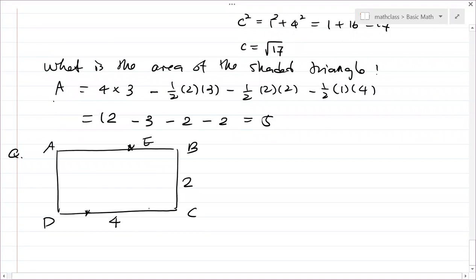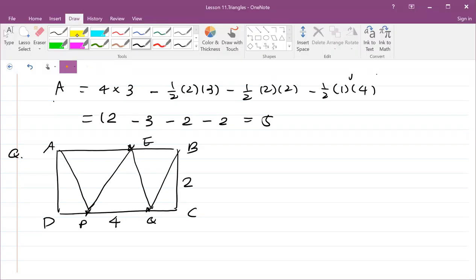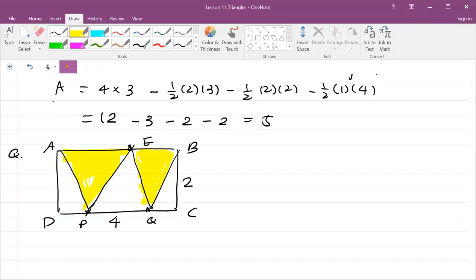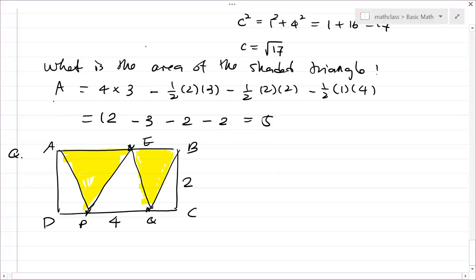I choose 2 points P and Q, also arbitrary. I'm going to connect this point. Okay. So I shade it. Okay. My question is, can we determine the area of the shaded region?